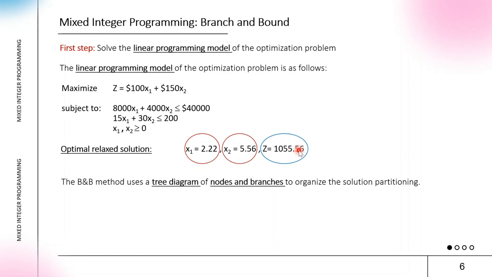However, since these values for the decision-making variables are non-integer, further branching is needed. So we use a tree diagram to manage branching decisions in the branch and bound methods.